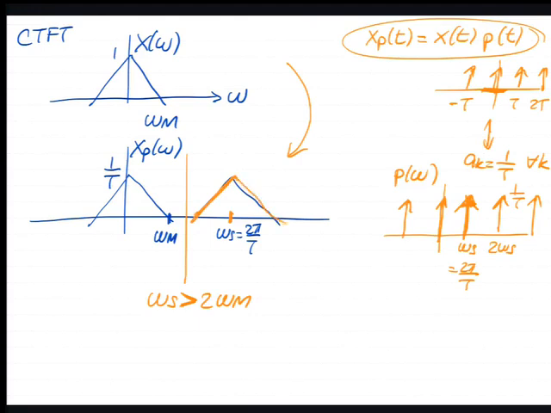That's a result of convolution with this guy, right? This one here is a result of the convolution with that. So each of these spikes will lead to a copy. And then you don't want those copies to overlap. That's why we ask for this condition. Okay?